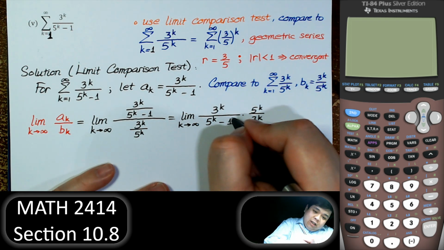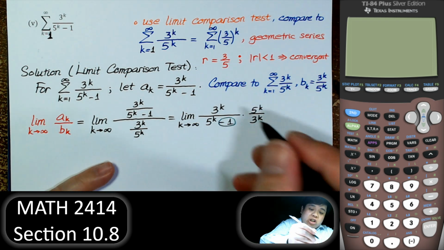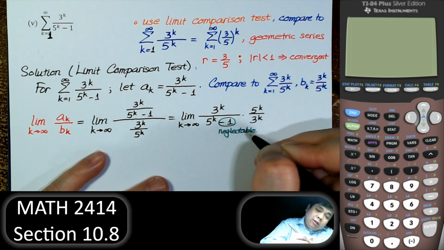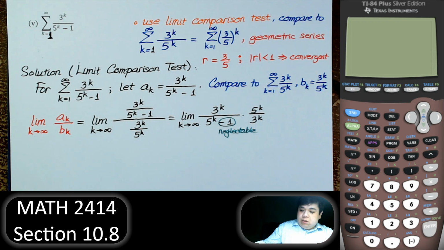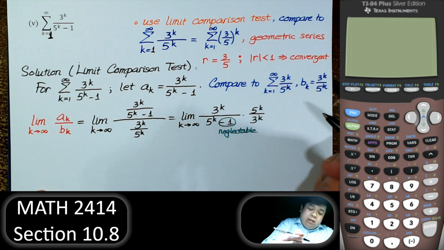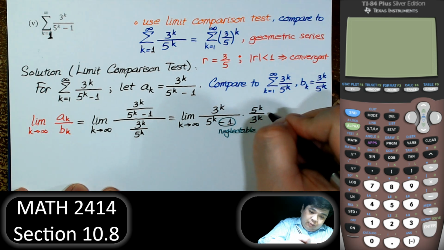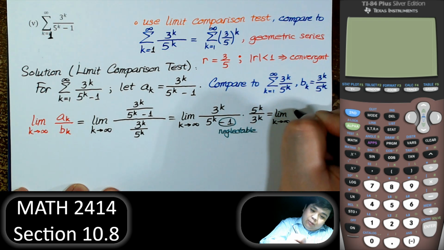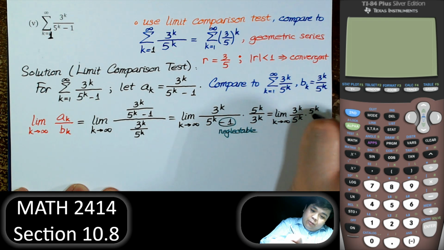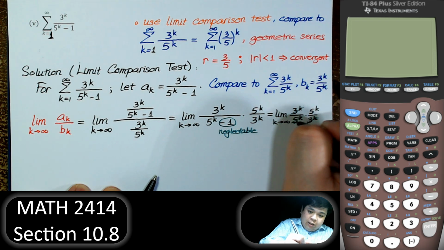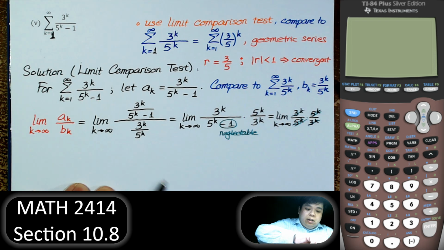Next, this -1 is negligible, so we just ignore it. So we just have that, and we will cancel out, and we have 1. So cancel that, and this is equal to 1.